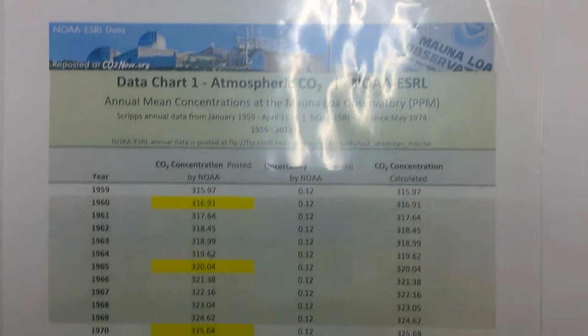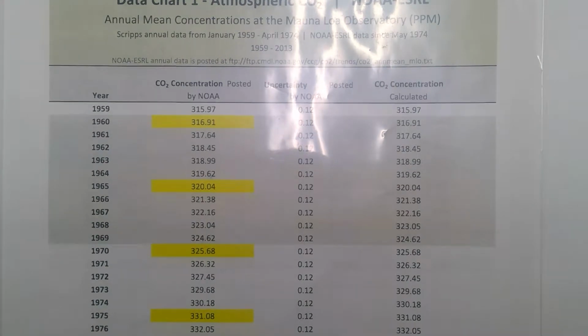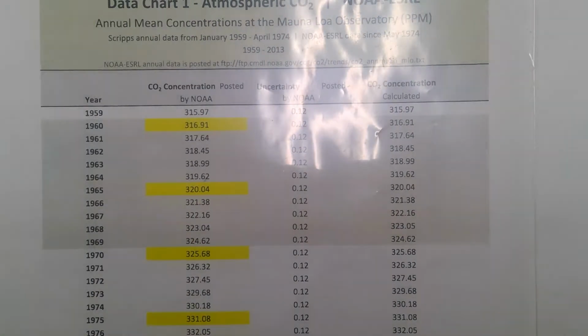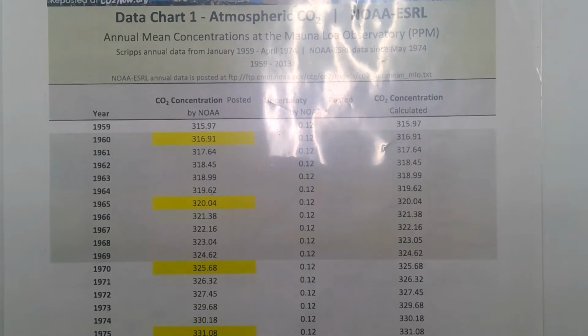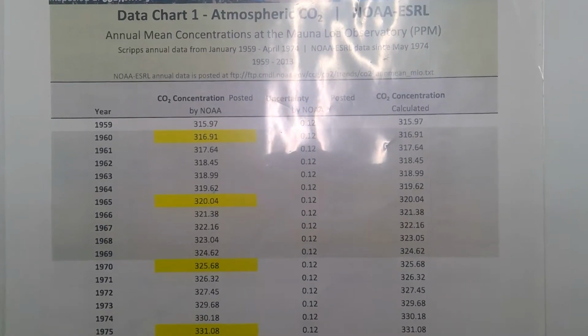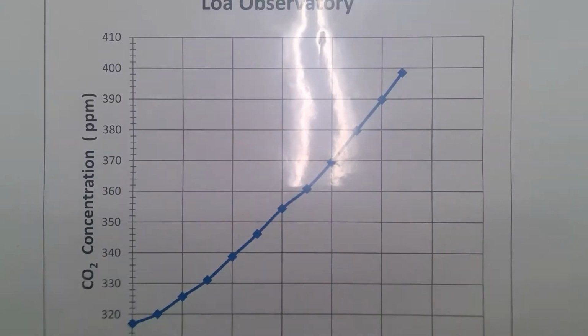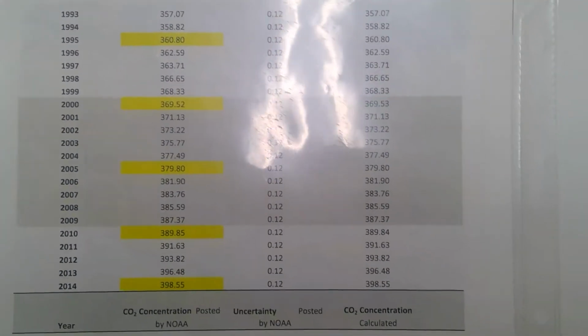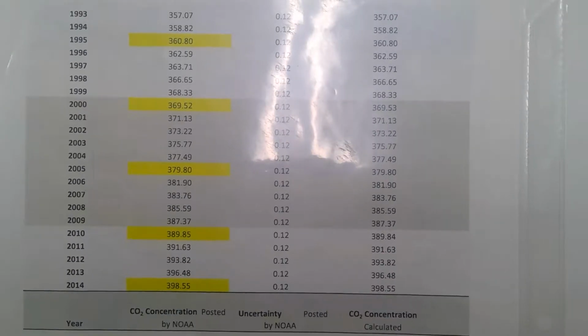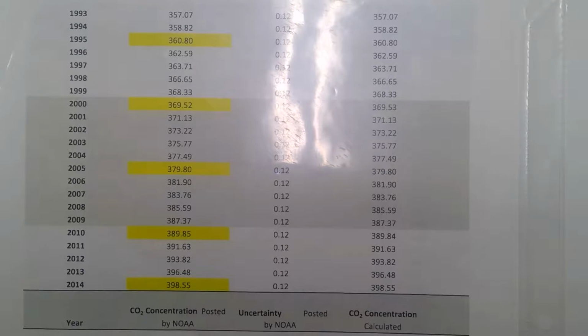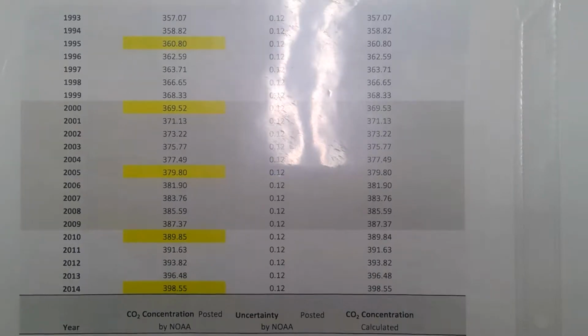This data table gives you the average values for CO2 starting in 1959. If you put all of this data together, this chart goes up to 2014, you would produce a famous graph called the Keeling curve. It really displays how CO2 has been changing in our atmosphere.